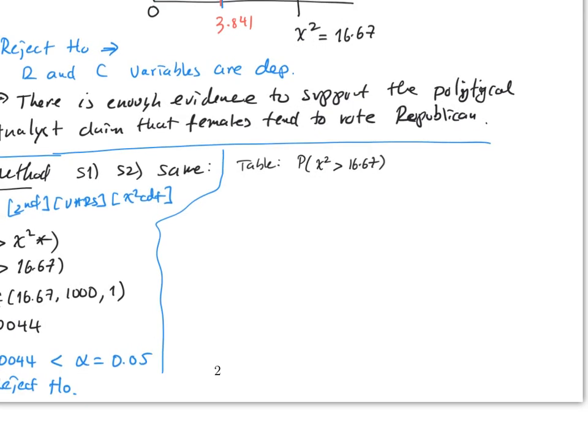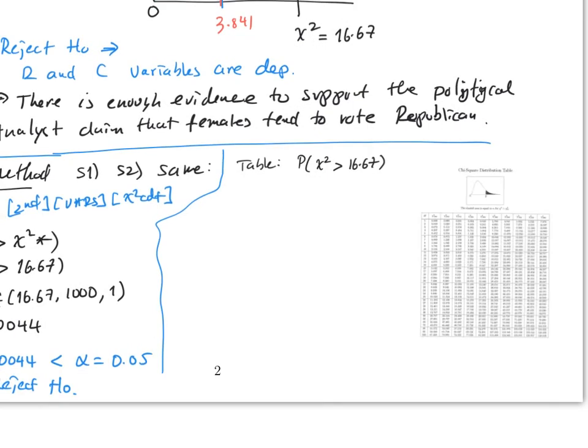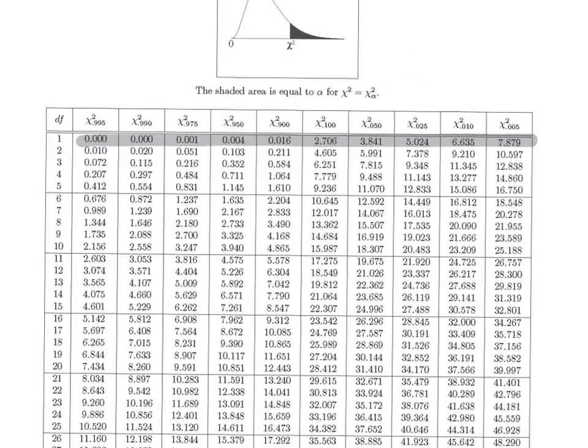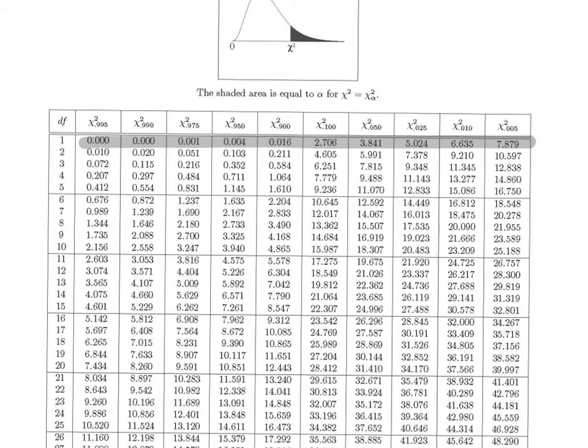Then look at the table, and we're trying to find 16.67. Remember that you only have 1 degree of freedom. So therefore, 1 degree of freedom is this. And the value we're trying to find is 16.67. And we went over this in chapter A.